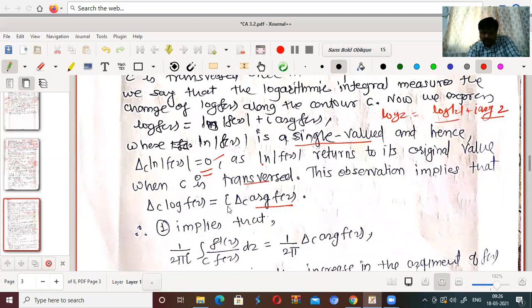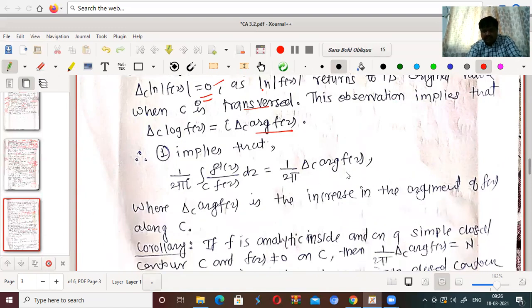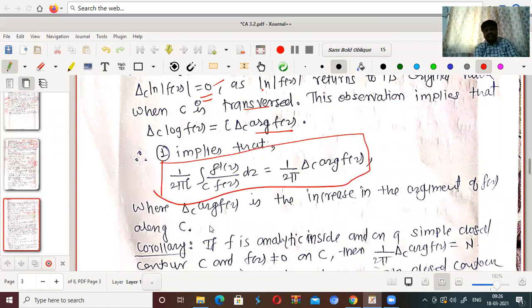Therefore, 1 by 2 pi i into i, we get 1 by 2 pi only, times the change in argument of f of z over C, where delta C of argument f of z is the increase in the argument of f of z along C. So if you have any curve C, and we take one complete rotation, then we want to see what the change in argument of f of z is. Okay, that is the case.